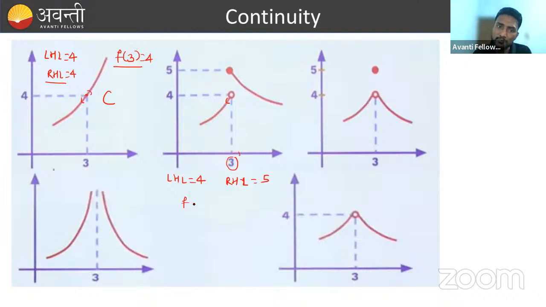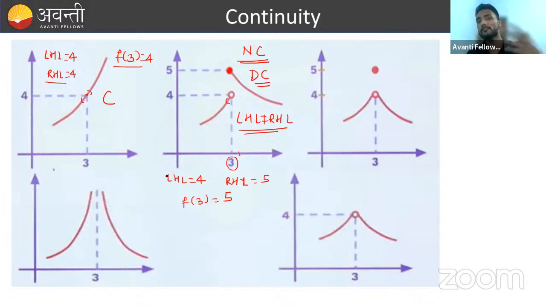And f of 3 is also 5 because there is a dark dot here, so f of 3 takes the value 5. So LHL is not equal to RHL. So we can say this function is not continuous. Either you can write NC, not continuous, or DC, discontinuous. So this is the case where the function can be discontinuous.